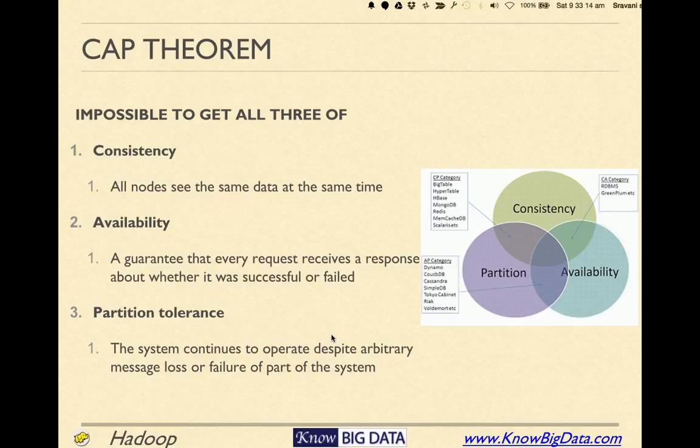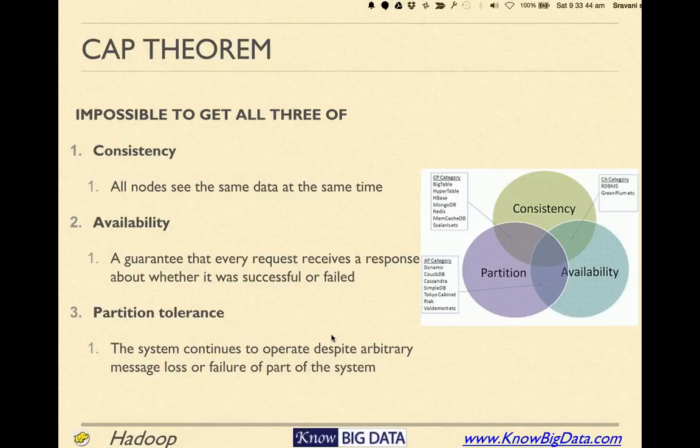Now, the second one is availability. Availability means the database should be able to cater to as many requests as possible, and no request should go unanswered. Even if the system has to give an error, it should give an error instead of not being able to respond to a request.